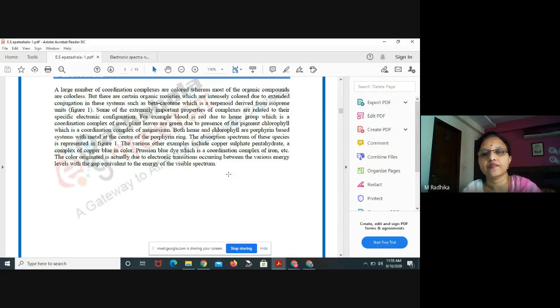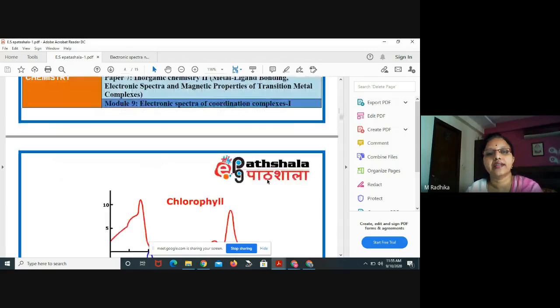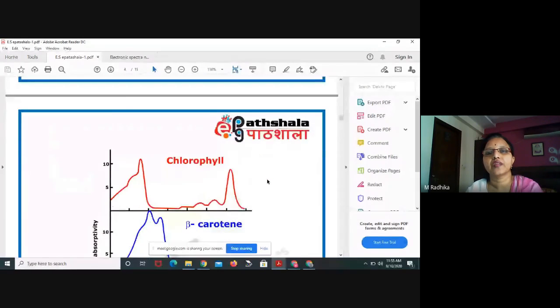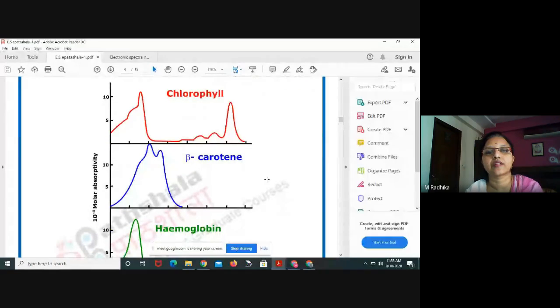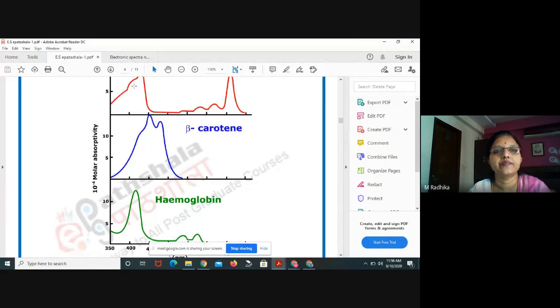Okay. So I'll just show you the examples we have seen. Chlorophyll, this is how you get the electronic spectroscopy. Chlorophyll is absorbing somewhere around 400. See here. This is for the beta carotene, somewhere after 400. And this is hemoglobin between these two.